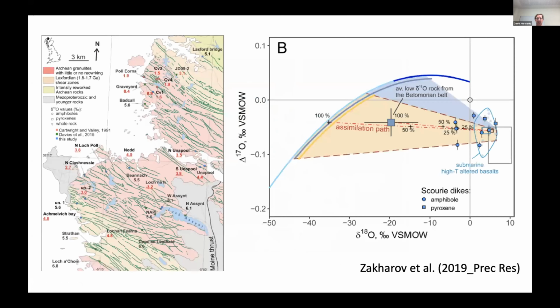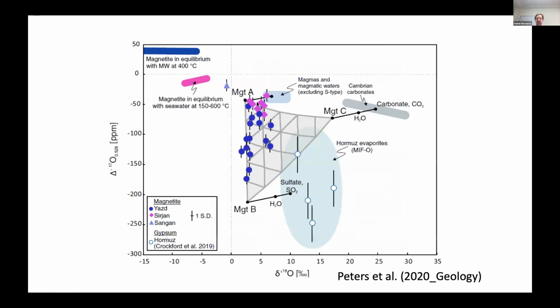Yes, I will. This is another example of assimilation also by David Zakharov. I will also skip this and also skip this because it was shown by Andreas Pack already, where you have kind of assimilation of mass independently fractionated samples in your rock record.